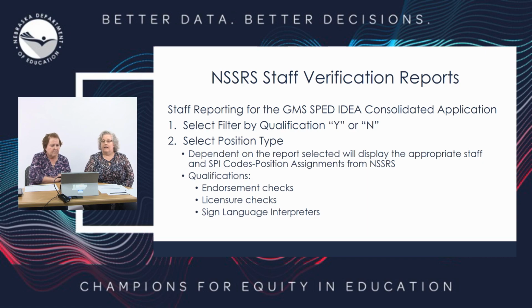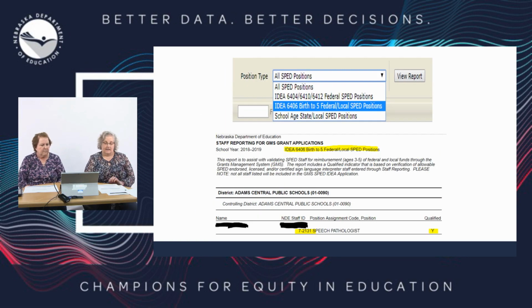So for the IDEA application, they're implementing in the 18-19 year, you need to put in by position code your staff. So it's very important that you make sure that you have your staff qualification and SPI codes in there correctly, because that will determine whether or not those staff will show for you to be able to budget and include those in your amendment.